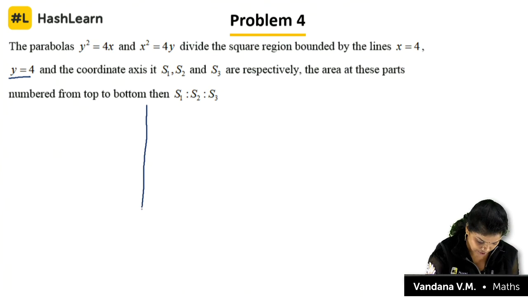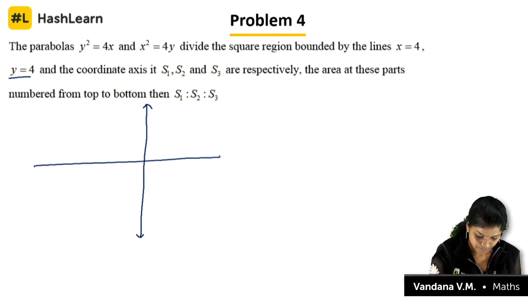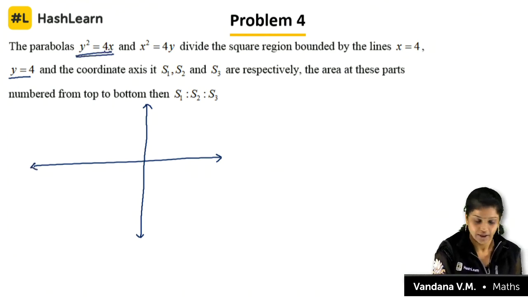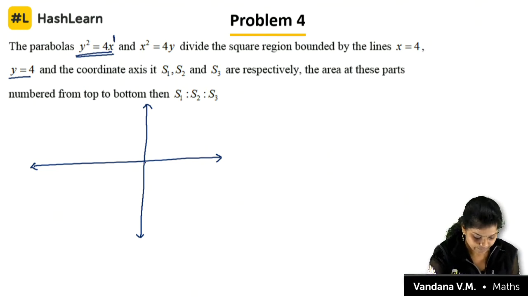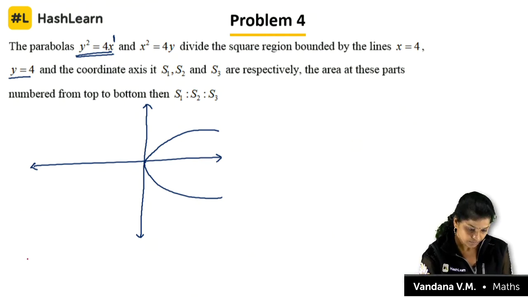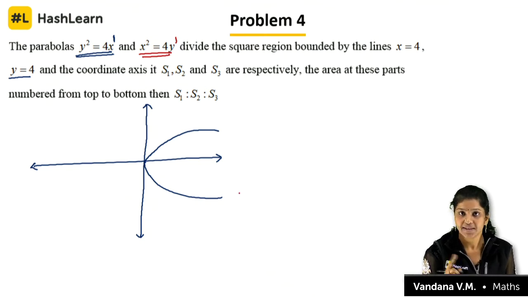I understood that there is a parabola y square is equal to 4x, where x is the linear one, so it is symmetric along the x axis. Next, x square is equal to 4y. So y is the linear one.